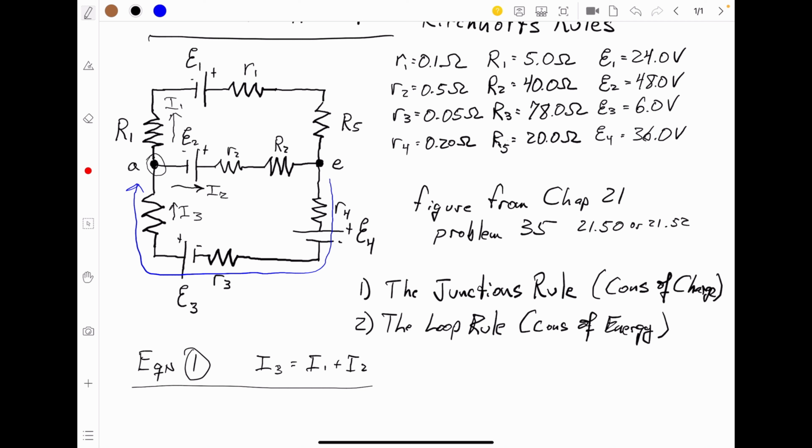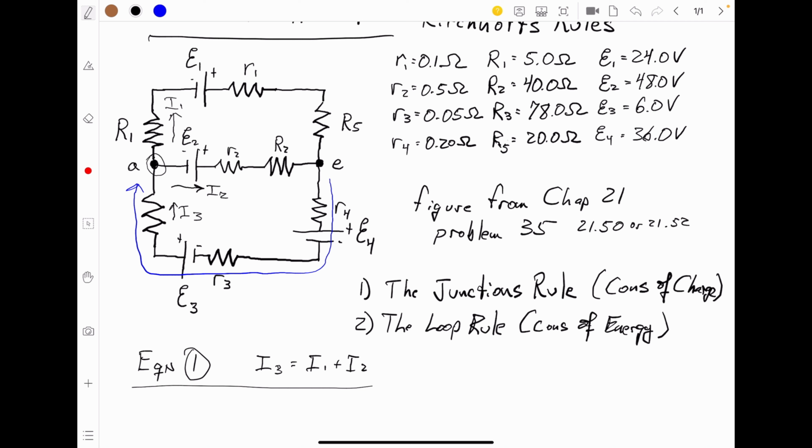Now we have to start applying the loop rule. We're going to get equations from the loop rules. The loop rule is a little bit more difficult to apply, all right? You first have to say what your loop is and the direction the loop is going to go.